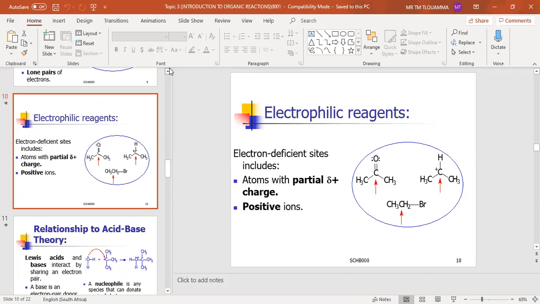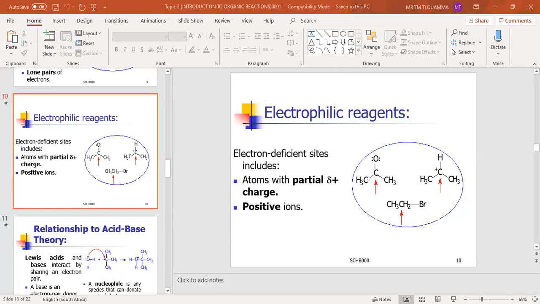Yes, so you can come back using the very same link, join again, and then I will repeat. Others who understood can just leave the session and not come back. I will only explain the electrophilic and nucleophilic reagents because someone indicated that they didn't understand.